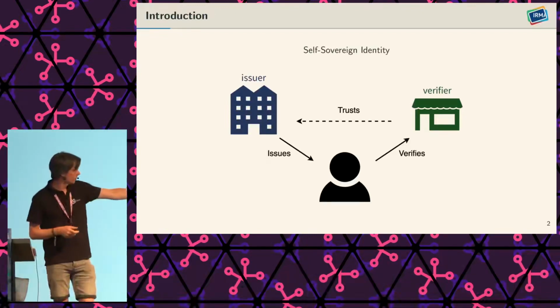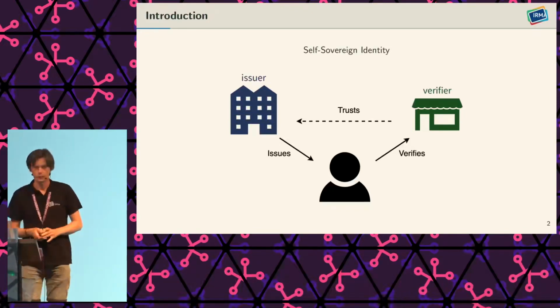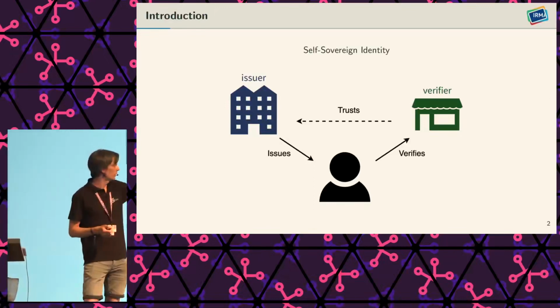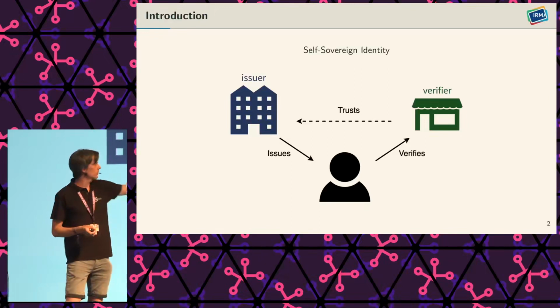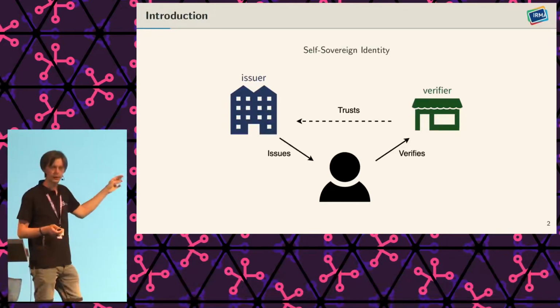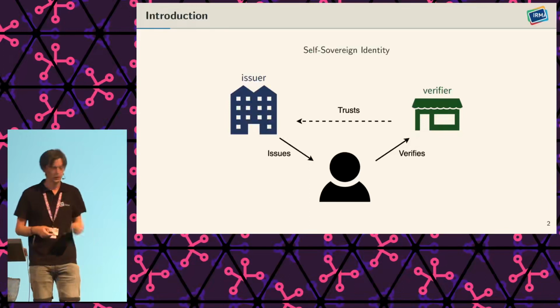Within that verification transaction, the issuer is not explicitly involved. It gives you the credential, but after that, its role is done, so to say. You use that credential towards the verifier, and since there is a trust relationship between the verifier and the issuer, the verifier is going to trust the Dutch government to say truthful things about me or you.